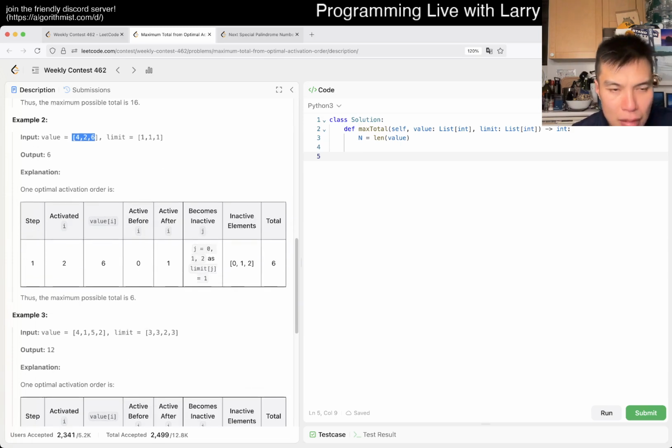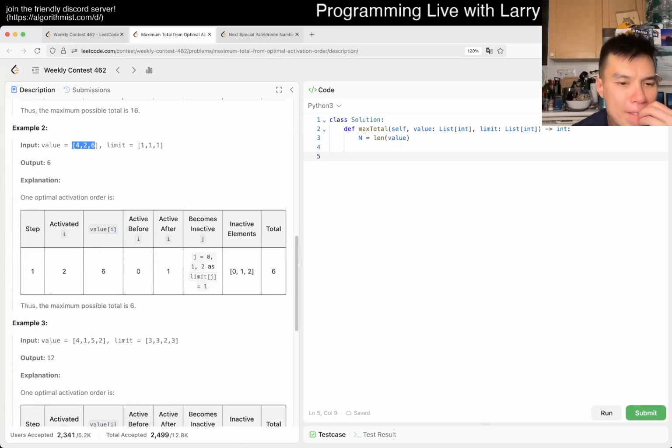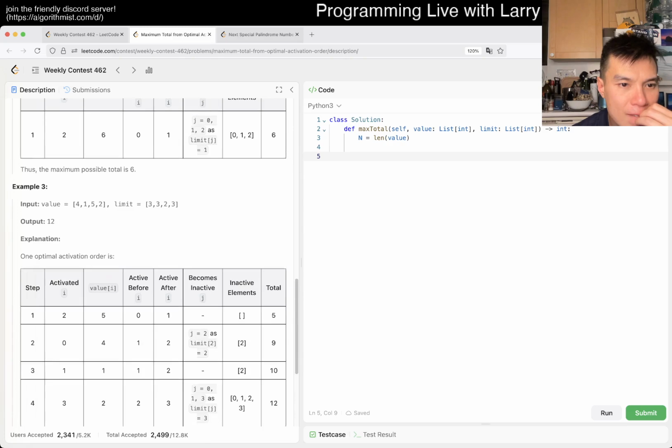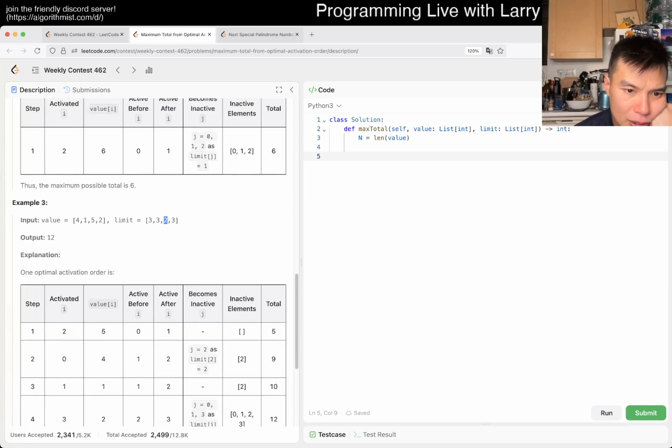Okay. Is it greedy? This one maybe would take the 2. I mean, it is going to be some sort of greedy, but do you want to do greedy on active or?